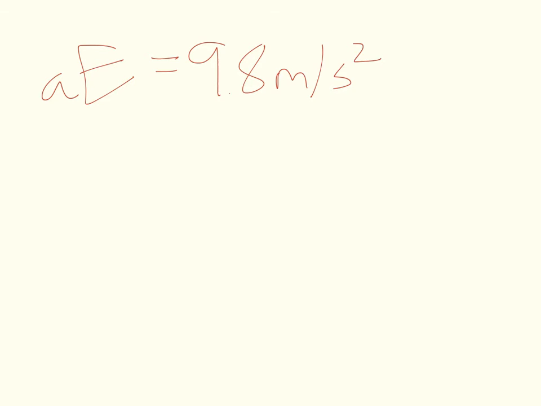But the acceleration on Mars is 1/3 of that. So if I'm going to figure out what is 1/3 of the gravity, that's going to be, let's see, 1.3 meters per second squared.